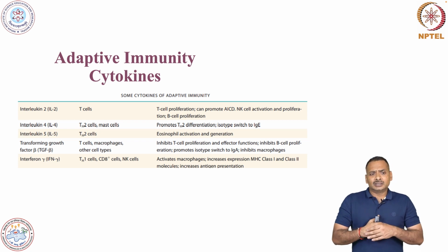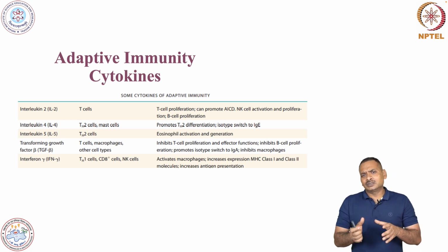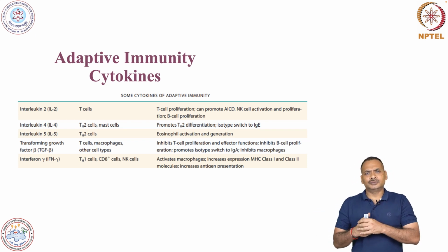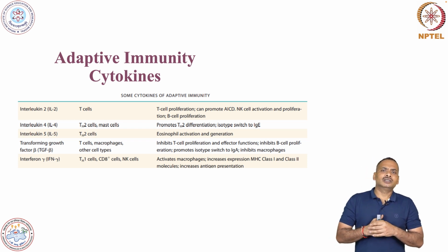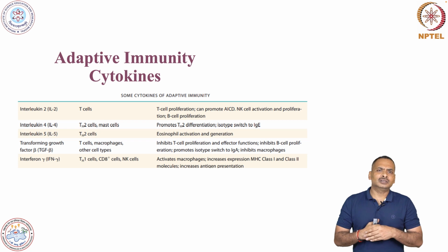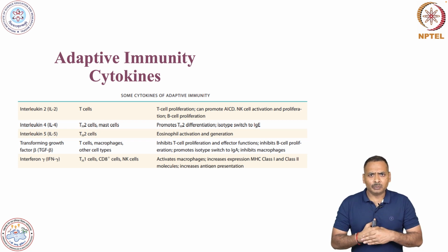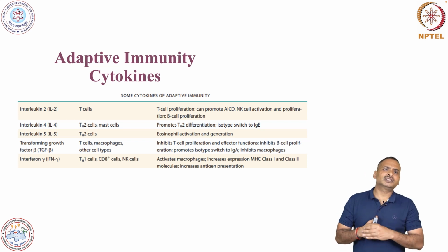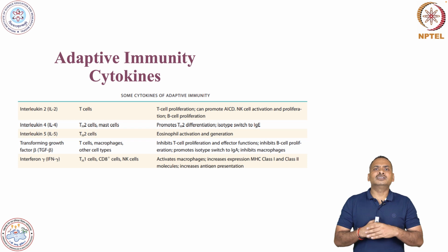So, this IL-4 and IL-5 are basically produced by Th2 cells, and they play a very important role in a biological phenomenon known as class switching. Class switching is present in antibody synthesis. Okay.